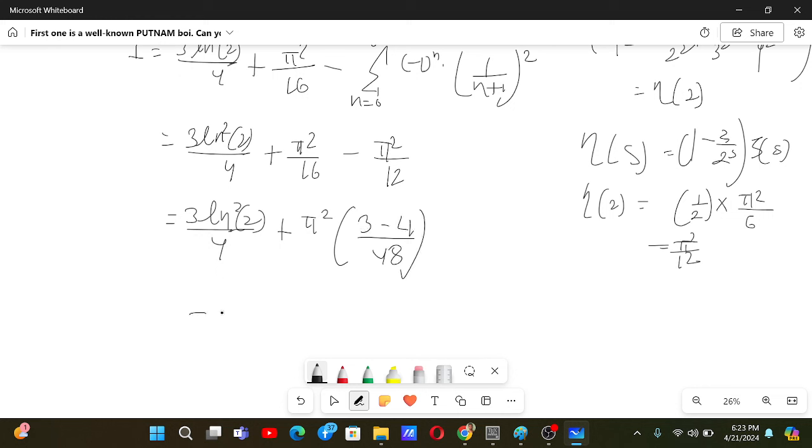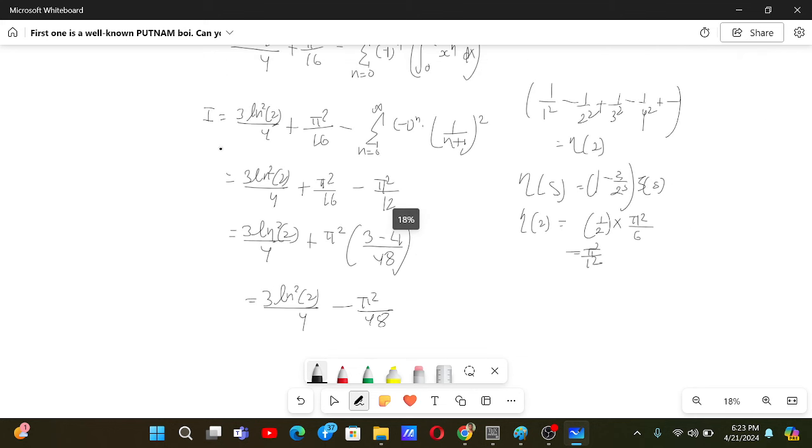So the answer is 3 ln squared 2 by 4 minus pi squared by 48. Now this is the answer because this is supposed to be the I, and this is the answer, 3 ln squared 2 by 4 minus pi squared by 48.